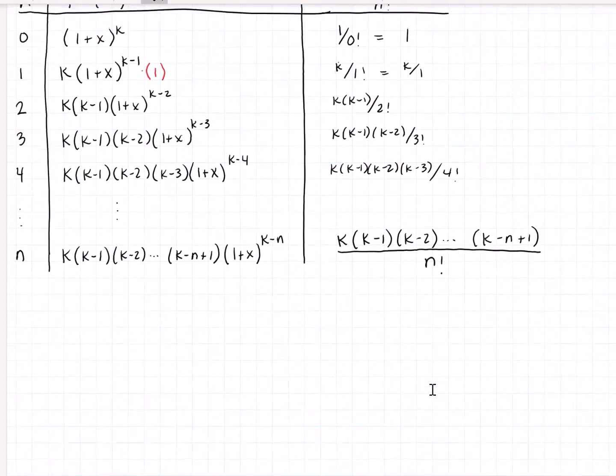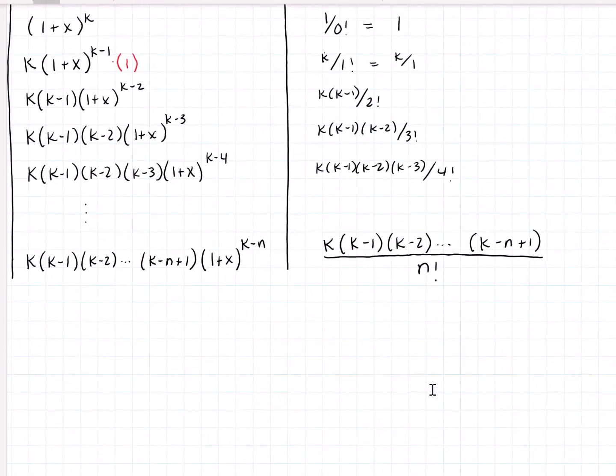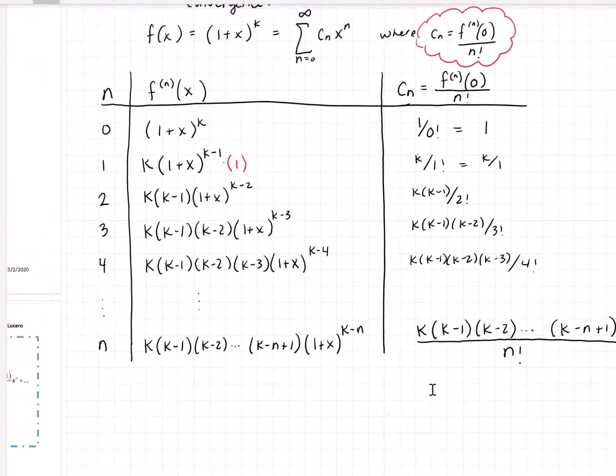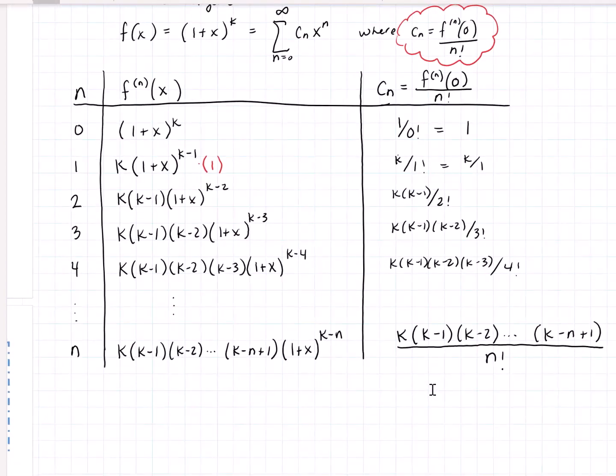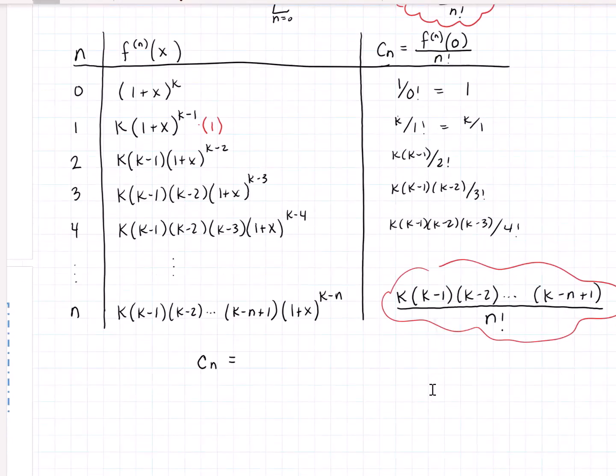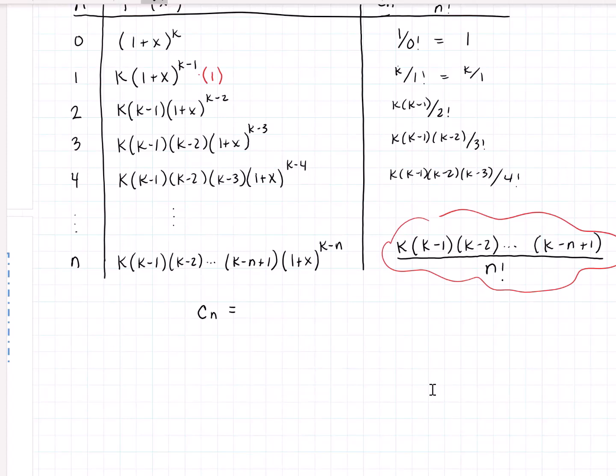So for this series, we have found what our c sub n's look like. Our c sub n's are going to be equal to k times k minus 1 times k minus 2 out to k minus n plus 1 divided by n factorial.